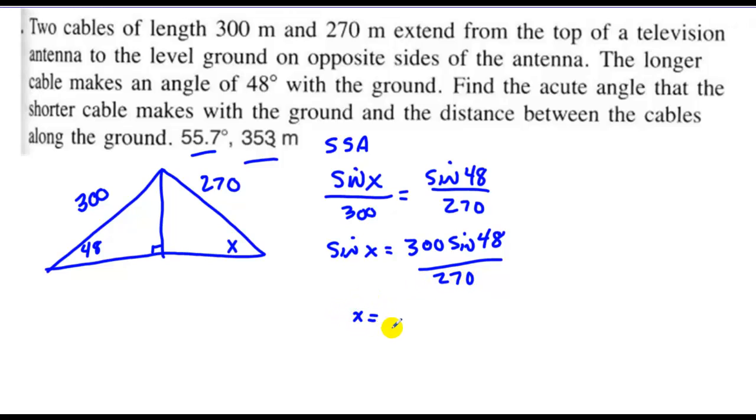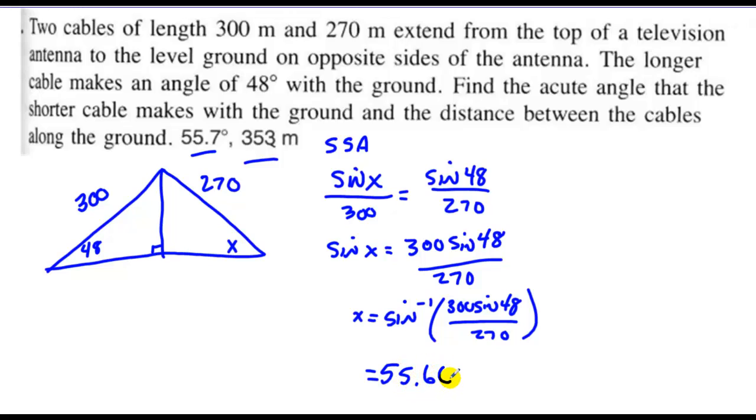X will then equal the inverse sine of whatever 300 sine 48 over 270 is. And remember, we're going to be in degree mode when we do that. And that's going to get us approximately 55.66 degrees. So that's this guy right here.